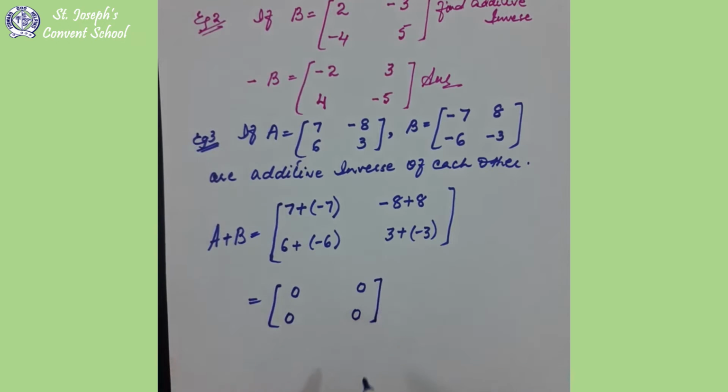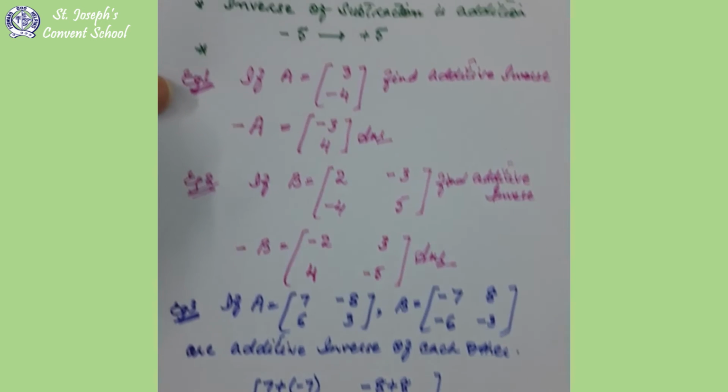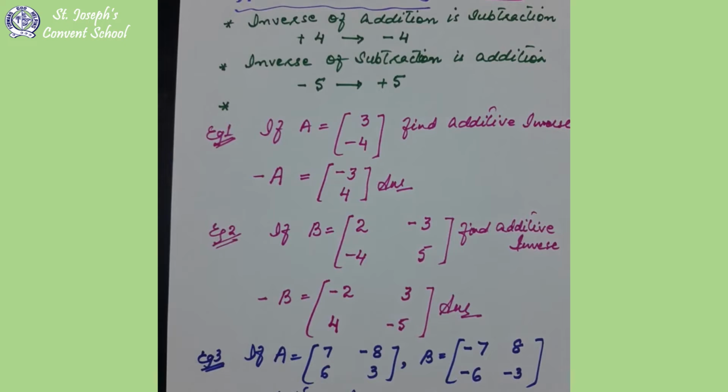So it means that they are additive inverse of each other because your answer is 0. So in additive inverse you just have to change the sign. Remember this. In matrices, if it is in matrix form, you do the same, change the sign of the numbers. Okay, it is very simple.